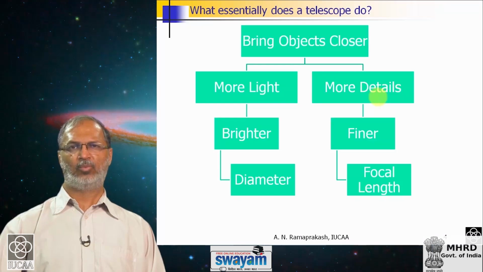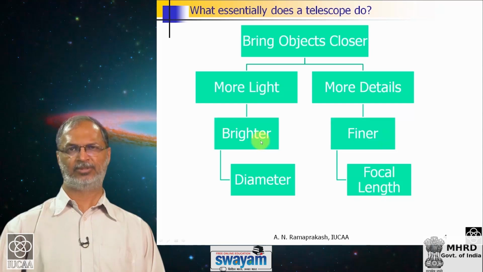Now, the diameter of the primary collecting optics of the telescope, let us say the primary mirror or the main lens of the telescope, is what defines how much brighter an object becomes when you look through the telescope.